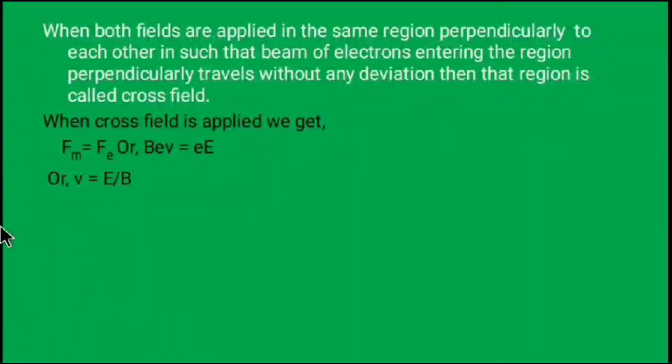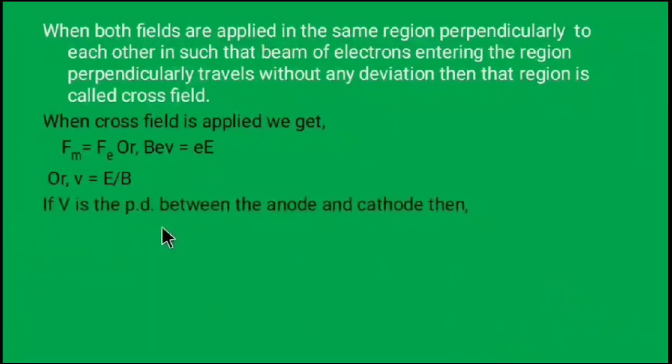Again we know that when an electron is accelerated by a potential difference V, that is the potential difference between anode and cathode, there is a gain in energy. Here work is done by the electric force. So work done by the electric force is equal to the gain in kinetic energy. From the work energy theorem, the gain in kinetic energy, half mv squared, is equal to the work done by the electrical force, that is eV.